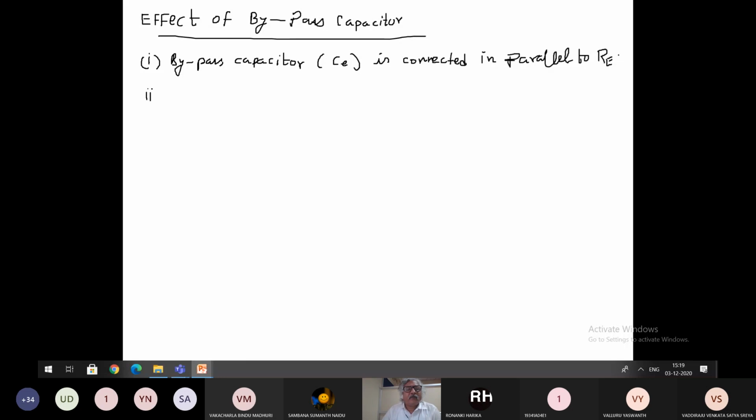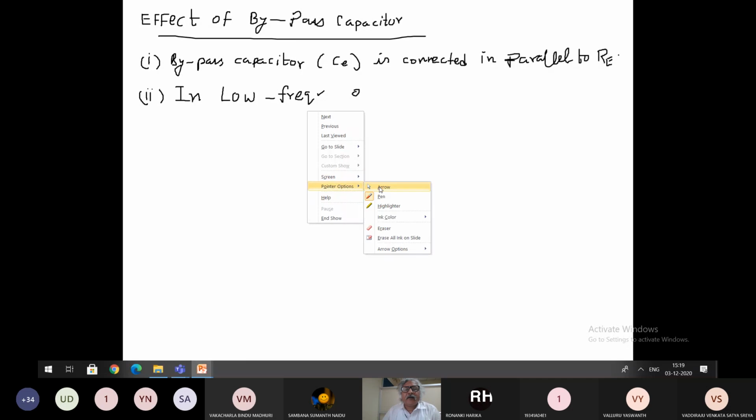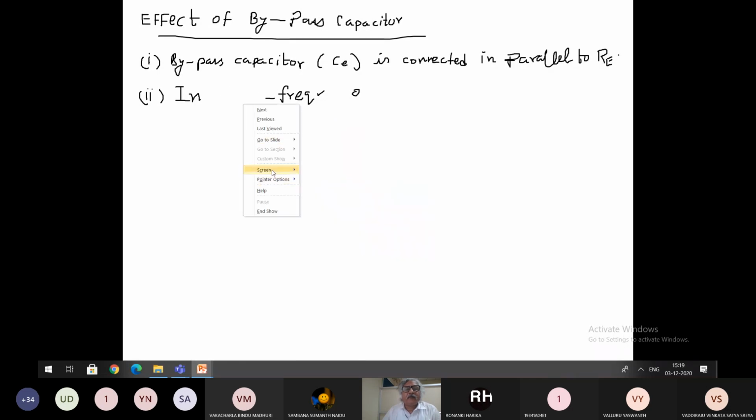First we will talk about the mid frequency and high frequency region.